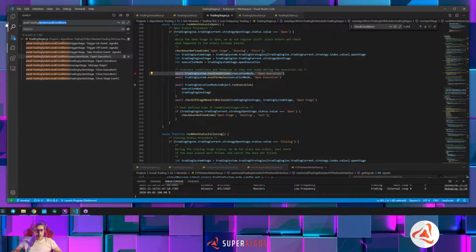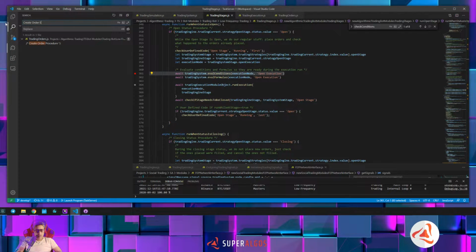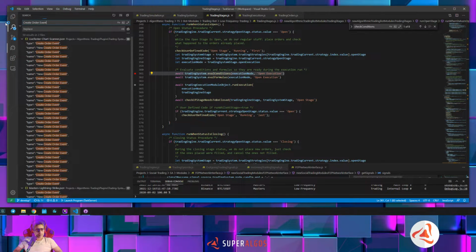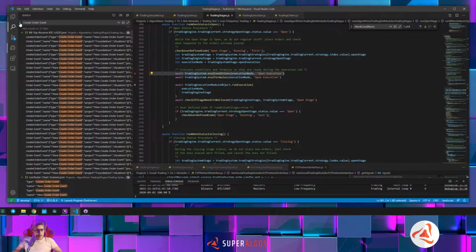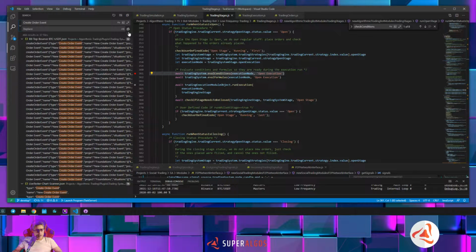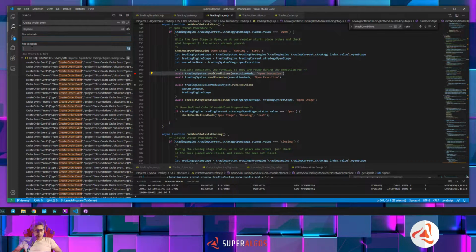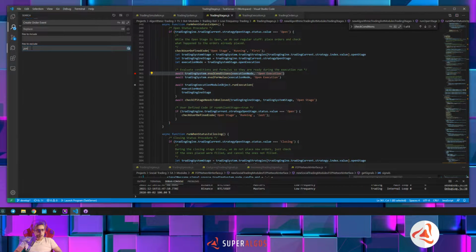Create order event. Let's check that out. Okay, this will appear in hundreds or thousands of JSON files, but we are going to avoid that, like this. No JSON.